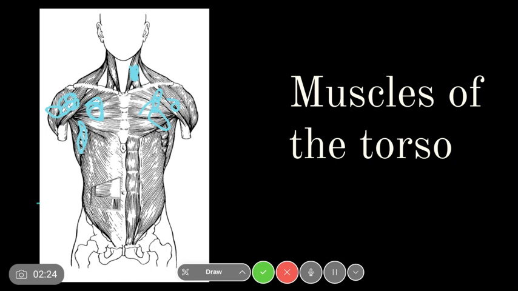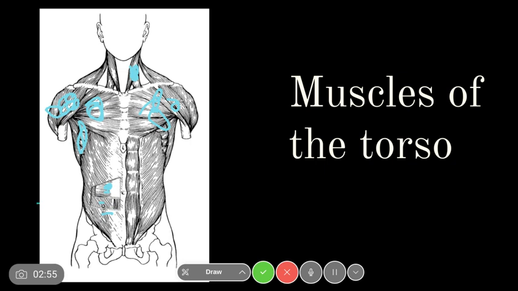So next, what we're going to look at is the layers of the muscles in the abdominal wall. You have 3 layers and they're cut into 3 separate spots as I'm marking here. The innermost, the deepest layer, is the transverse abdominis, and its job is to compress the abdominal contents.